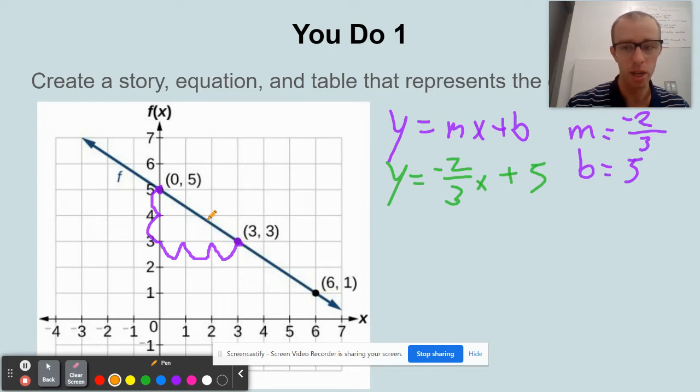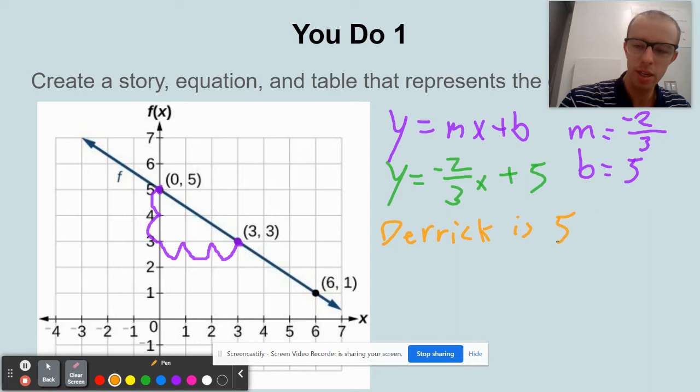Now I need a story. So if something starts at 5, it's changing by 2/3 or going down by 2/3. So I'm going to use elevation instead of money, since fractions isn't really how we talk about money. I'm going to say Derek is 5 feet above ground.